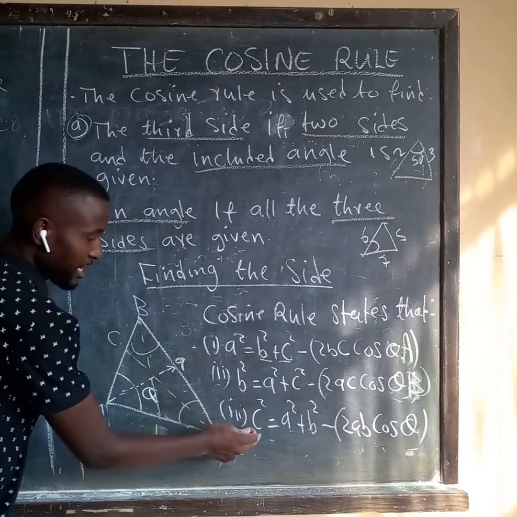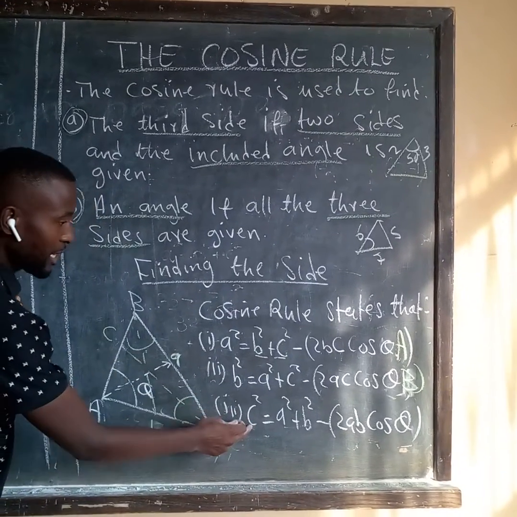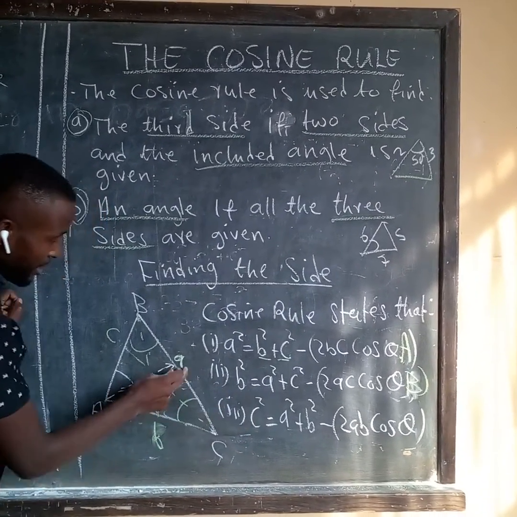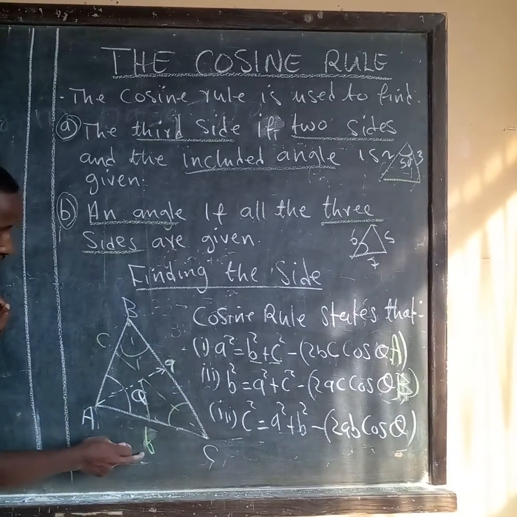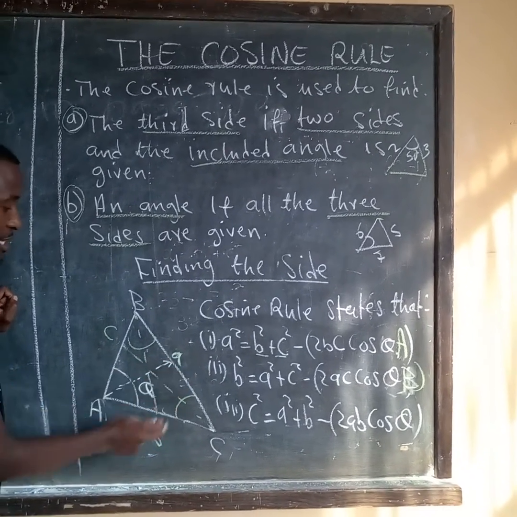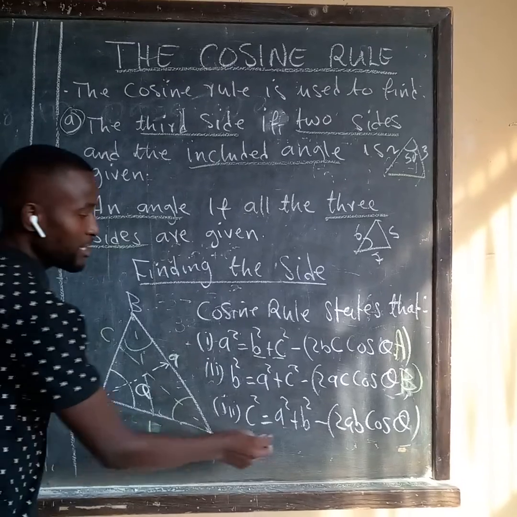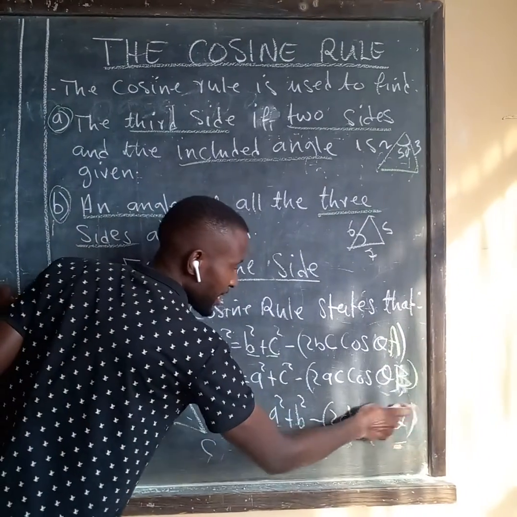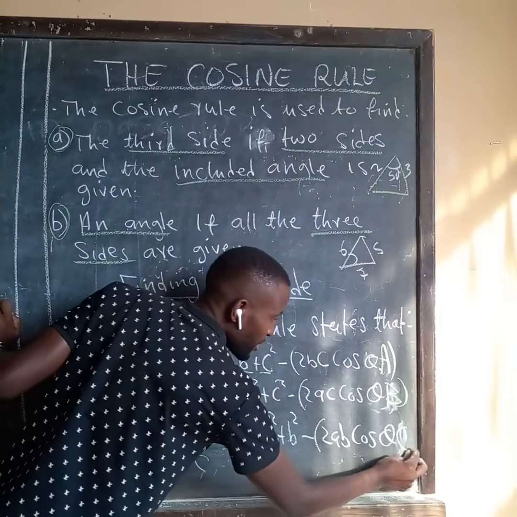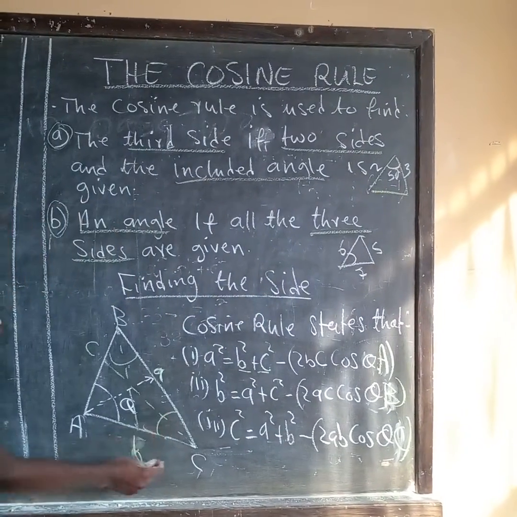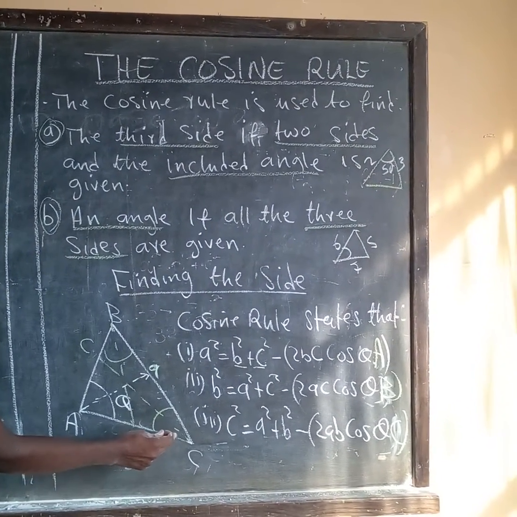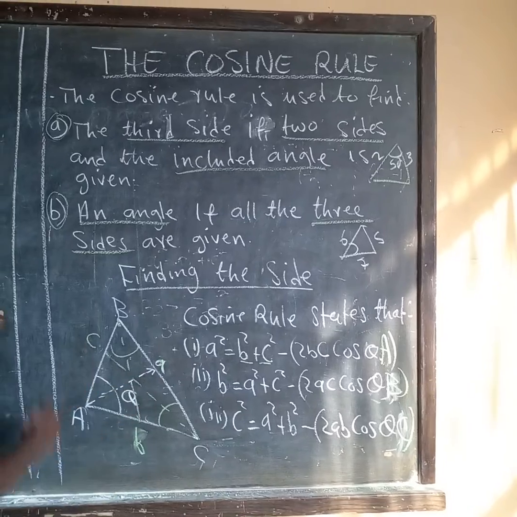Then c squared will simply be a squared plus b squared, because these two sides will be given, and we subtract 2ab cos C, where capital C is the angle inside here. Now we'll be able to use this formula in any which way.